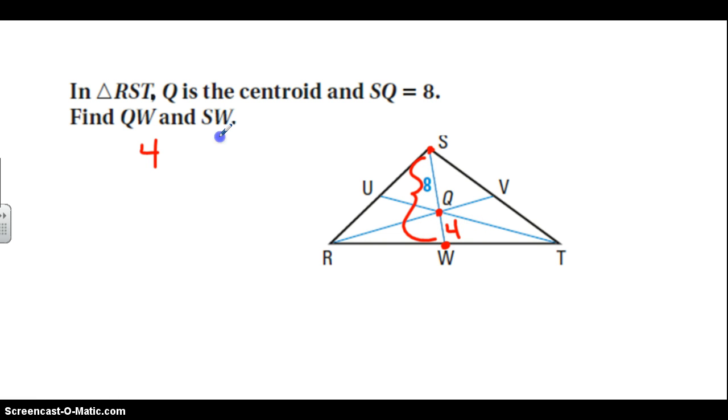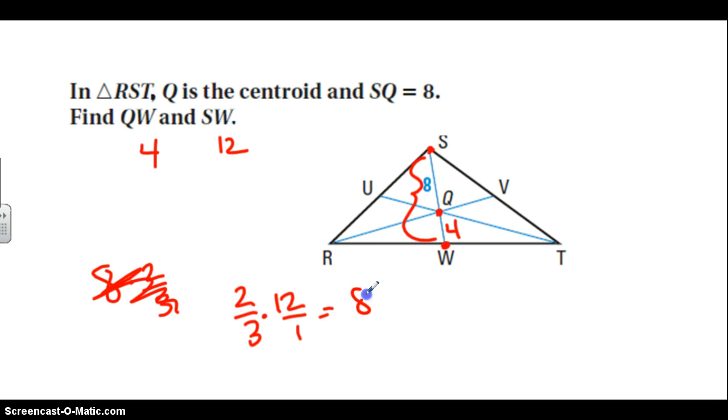Well, we can add and see it's 12, but we can also verify that 2/3 times 12, which is the length of the whole median, should equal 8, which is the length from the vertex to the centroid. Let's see if that works. So 2/3 times 12 over 1. We reduce, cross cancel I should say, and this is 4. 2 times 4 is 8, right?